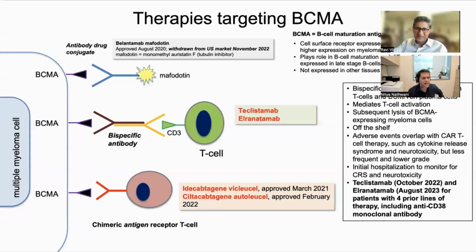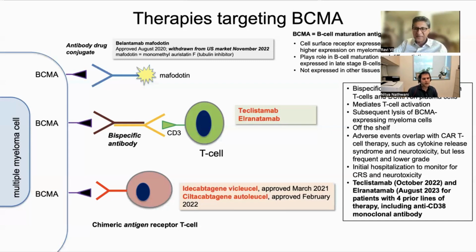And this is a cell surface receptor molecule that's restricted in its expression to plasma cells with higher expression on myeloma cells. It plays a role in B cell maturation and differentiation, and it's expressed in late stage B cells. It's not expressed in other tissues.